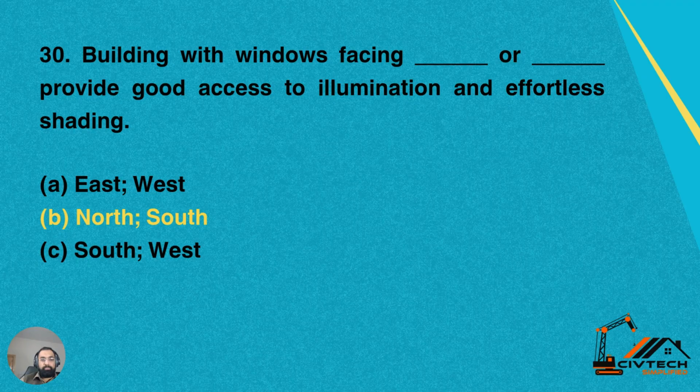Question number 30. Buildings with windows facing dash or dash provide good access to illumination and effortless shading. The question is about how we should provide windows in a building, so that it gets maximum lighting inside and effortless shading is available.